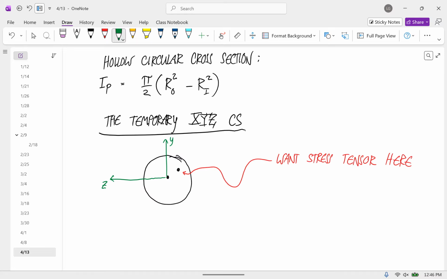But the way we're going to do that is we are going to first do the calculation in a temporary coordinate system where capital Y, our temporary Y axis, is this way.